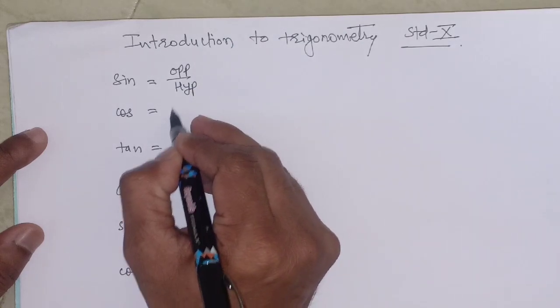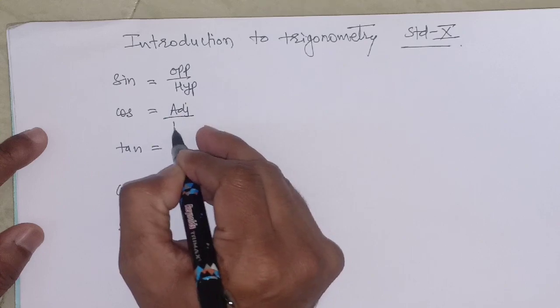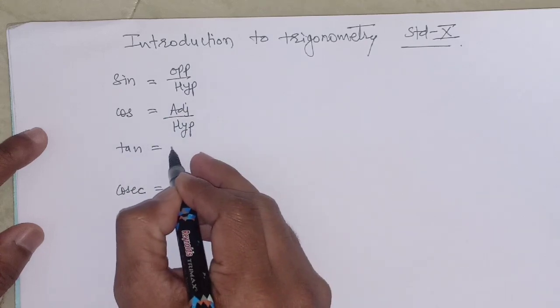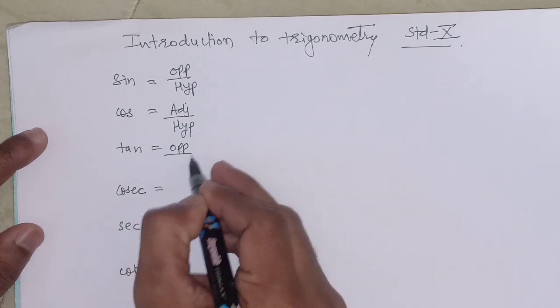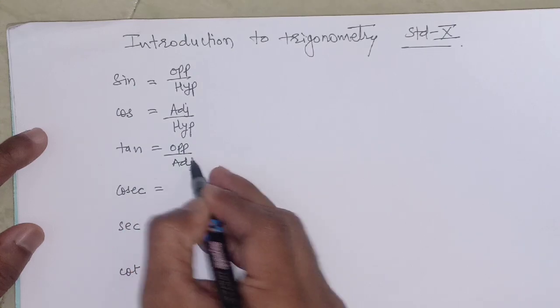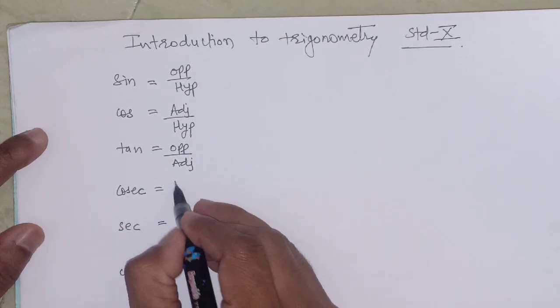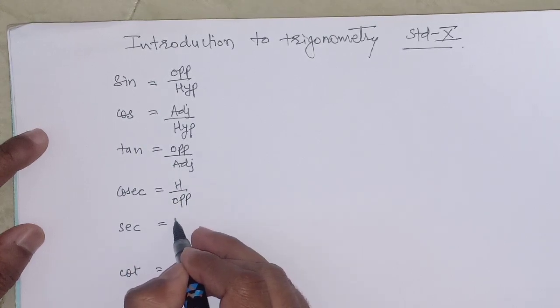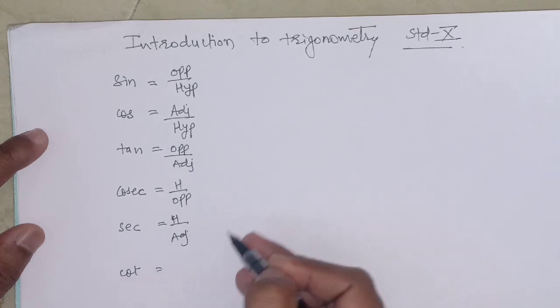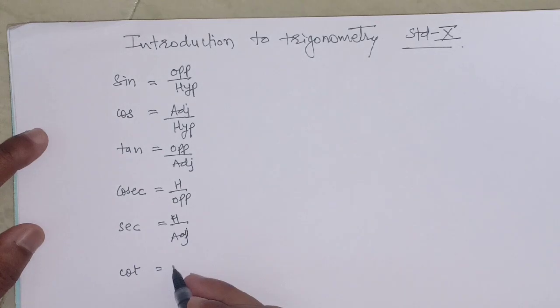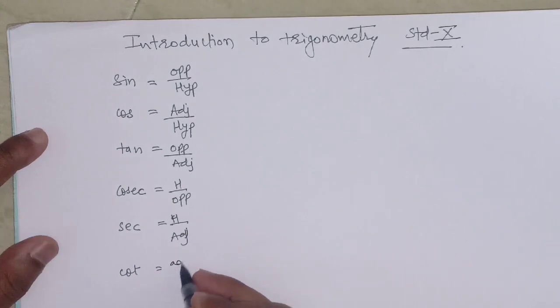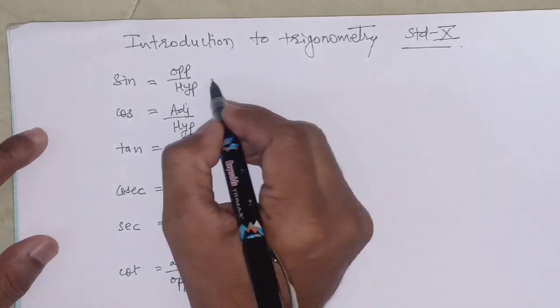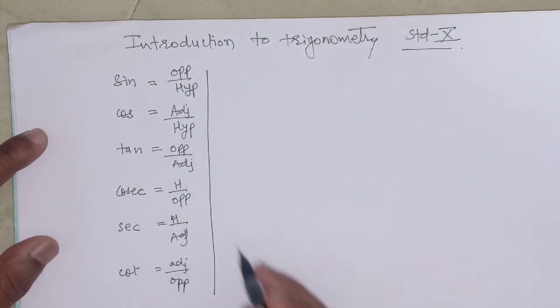Cos means adjacent side upon hypotenuse. Tan means opposite side upon adjacent side. Cosec is hypotenuse upon opposite. Sec is hypotenuse upon adjacent. And cot is adjacent upon opposite. So these are the six ratios.